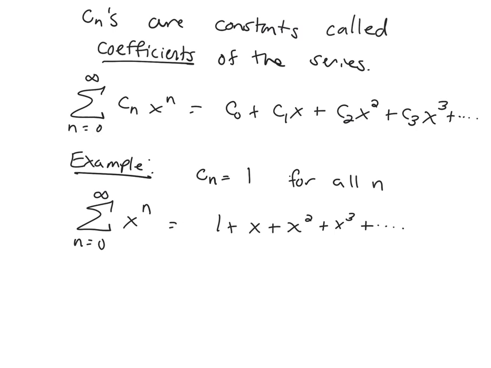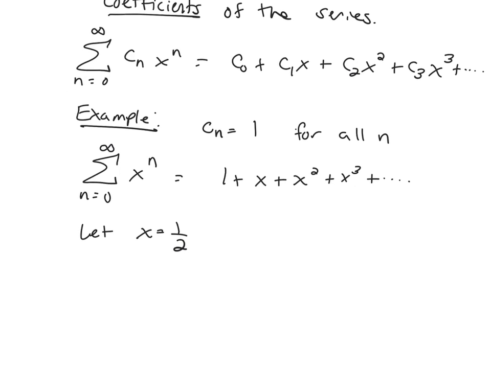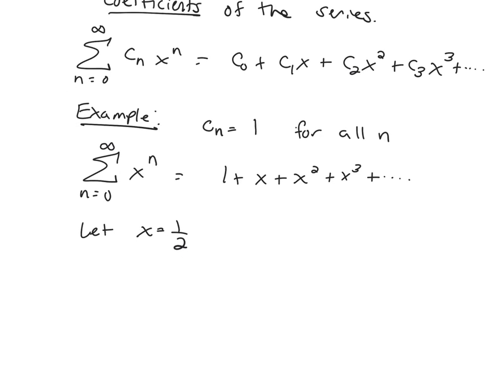So let's plug in some numbers for x and see what happens. Let's start by letting x equal 1/2. So what terms do I have in my series? So here we're going to have 1/2 to the n.